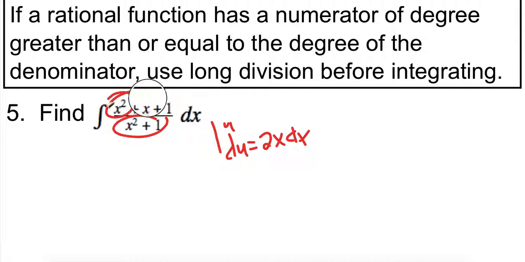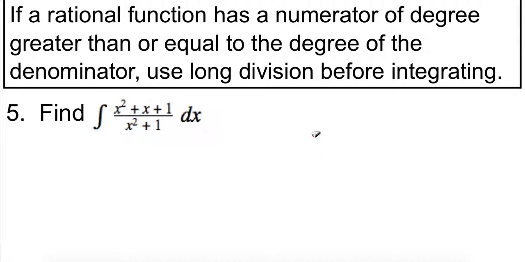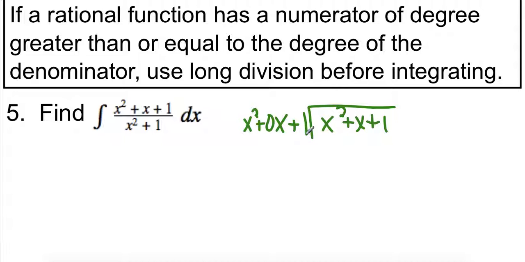So if you run into this situation where the degrees on top and bottom are either the same or the numerator is higher, you want to use long division. So over here we'll do x squared plus x plus 1 divided by x squared plus 0x plus 1. We get a 1.